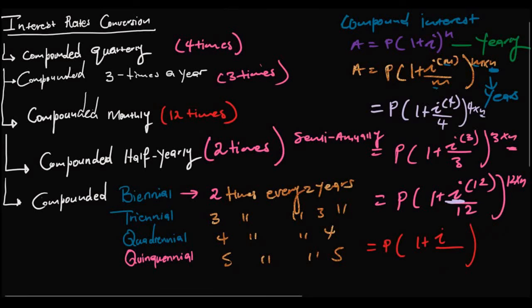Here the exponent is 1 over 5, which is the same as 0.2, so you can write 1 over 5 or 0.2, then times n, so it's quinquennial.